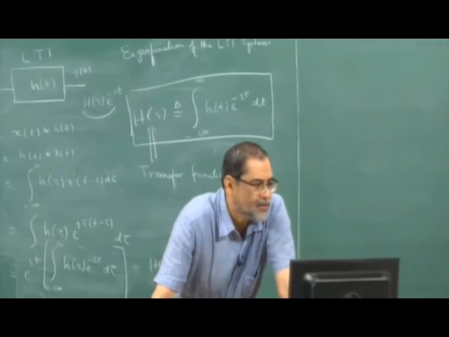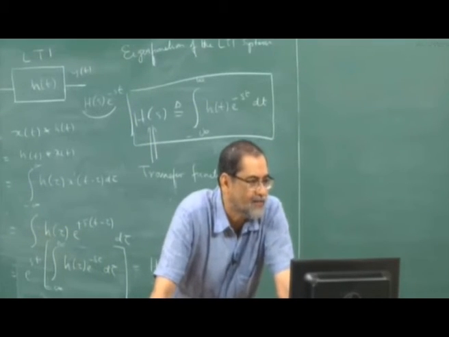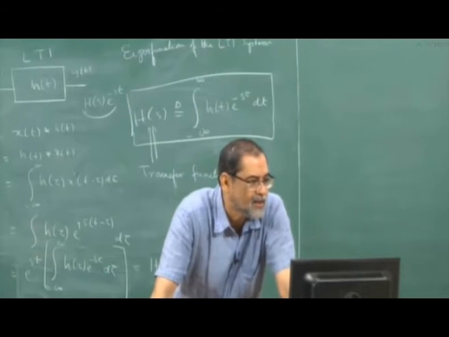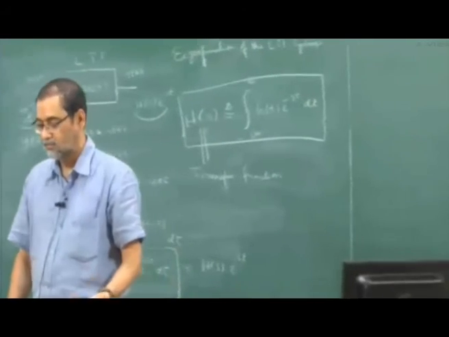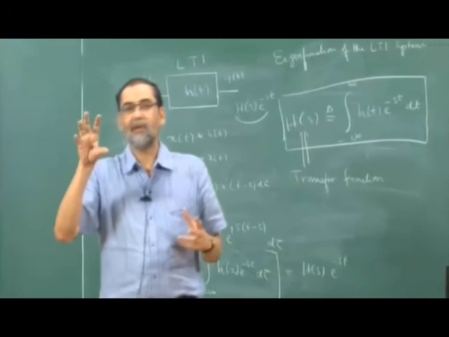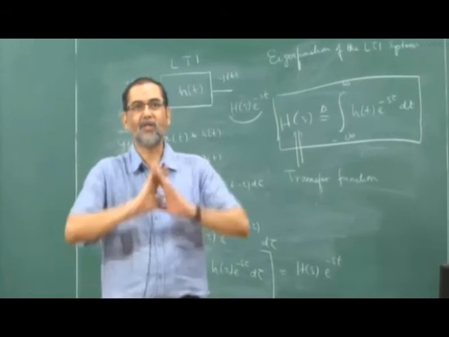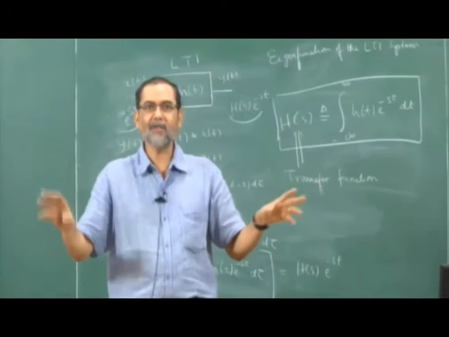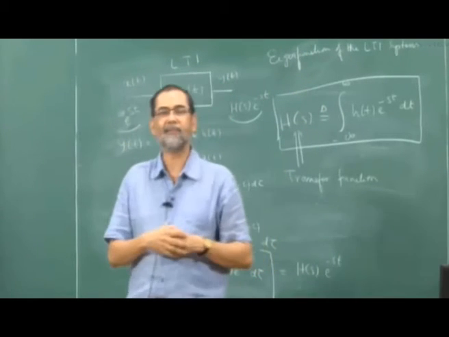PSG College has a long question. A JK flip-flop in its toggle mode acts as a frequency divider. As per your view, an LTI system should preserve frequency. Does it mean a JK flip-flop in its toggle mode is not an LTI system? Wonderful. The charger you use to charge your mobile is not an LTI system, because when you plug in, the frequency there is 50 hertz.